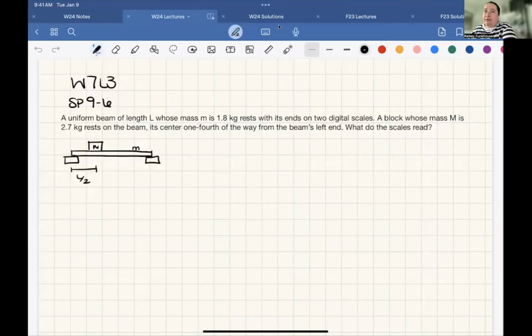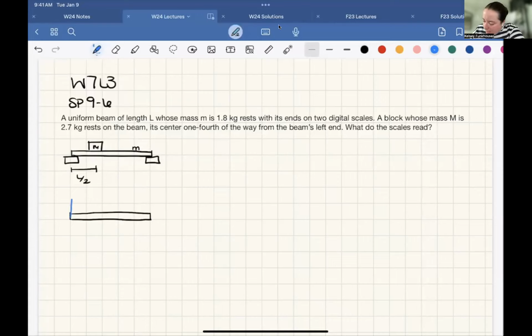Okay, so we have our long thin beam, our mass, and our scales. And now let's draw our extended free body diagram. I think I'll just draw it below here. So the forces acting, we're going to have forces up from each scale, kind of contact or like a normal force.